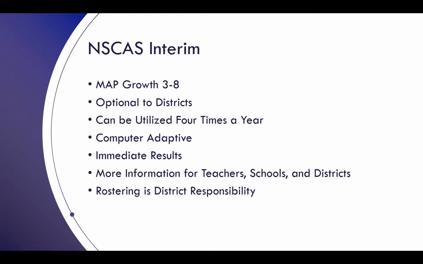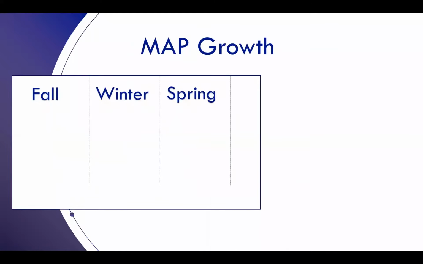Getting near immediate results, once again, that are more informative for teachers, schools, and districts. I would also argue for students as well. This is currently a district responsibility. So if we look at this model here, once again, we're teaching, but we give interim tests near the beginning of the year to find out where students are.